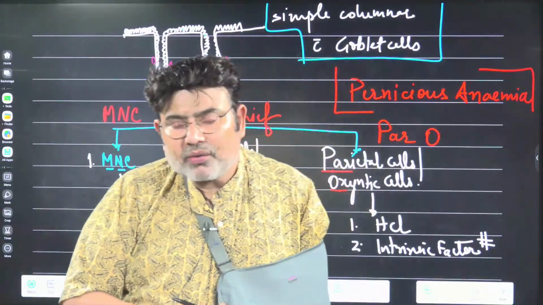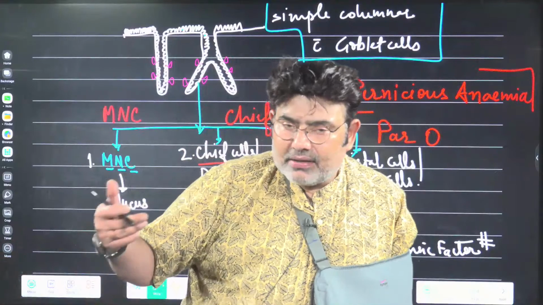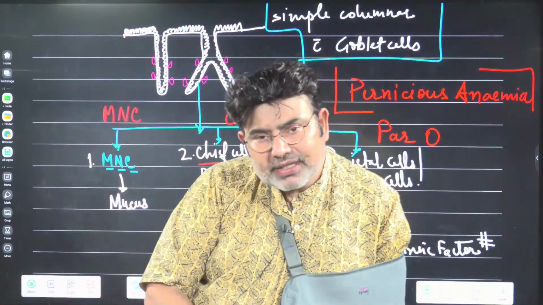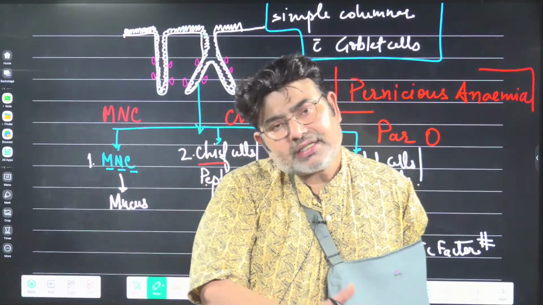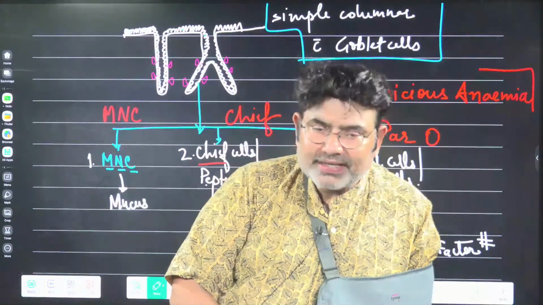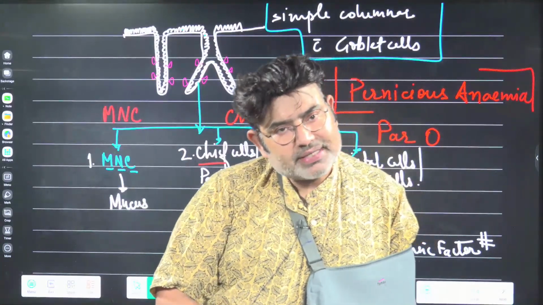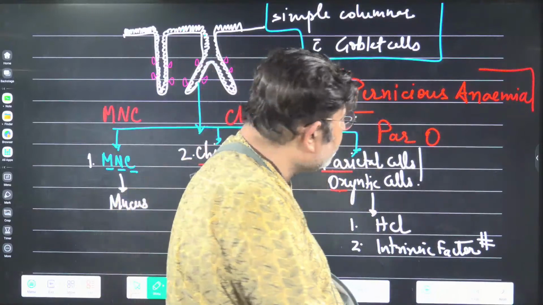MNC, chief, PARO. MNC is mucous neck cell, chief cell is the zymogenic cell, they produce zymogens. And the third one is PARO, PAR for parietal and O for oxyntic. Make sense? So these questions can be given.